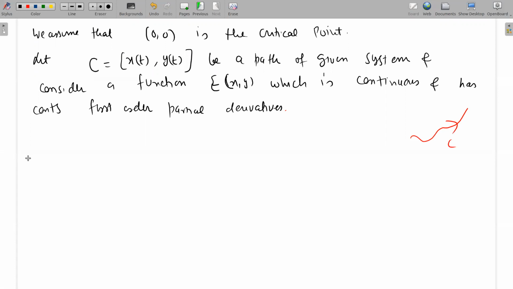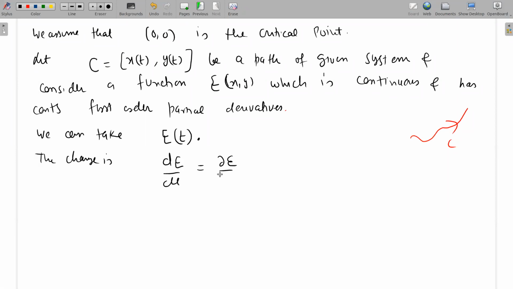Since x and y are functions of t, we can think that E is a function of t. Okay, so the change in E, change means dE by dt. अब chain rule लगाओ, x पे जाएगा, x t पे जाएगा, ओके, और dy by dt.